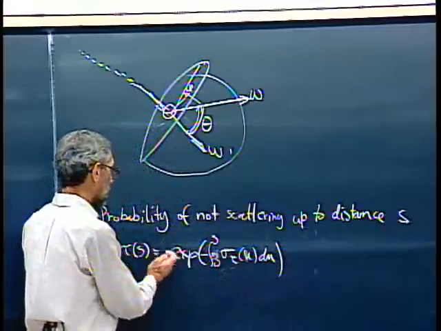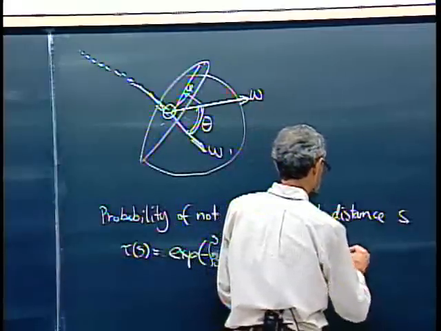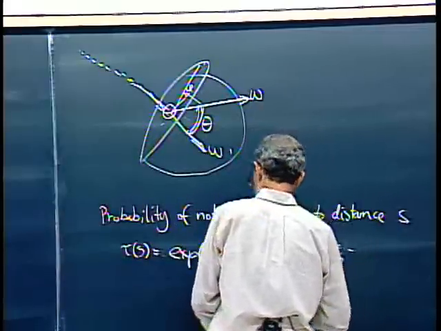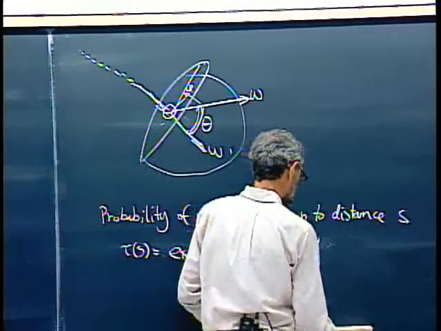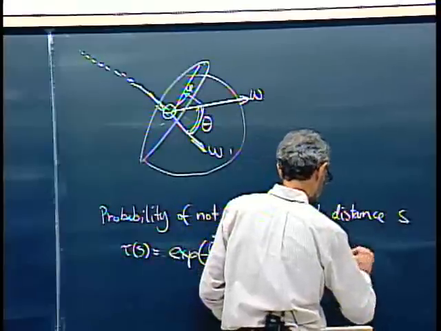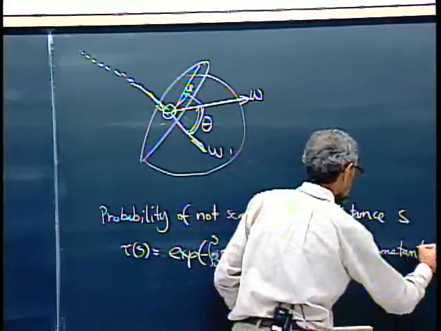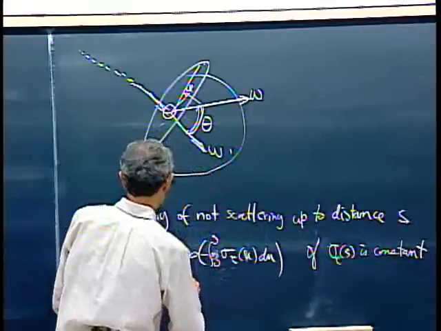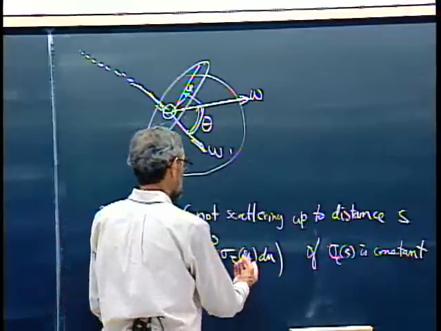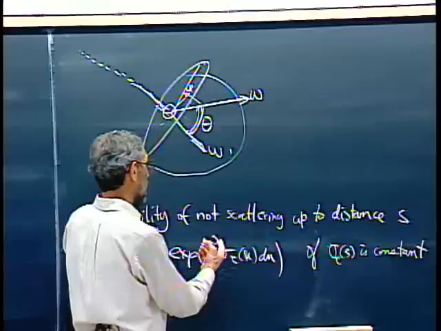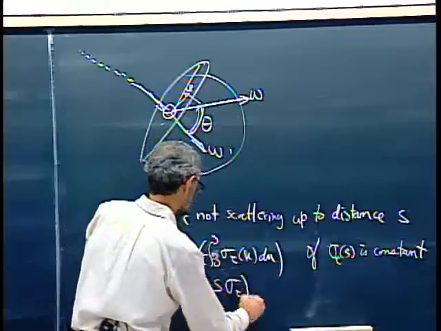And one thing I should have said last time is if sigma t is constant, T of s is just the exponential of minus the integral of a constant over an interval of length s, so it's just s times sigma t.